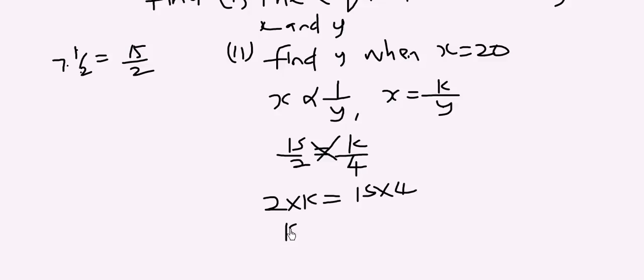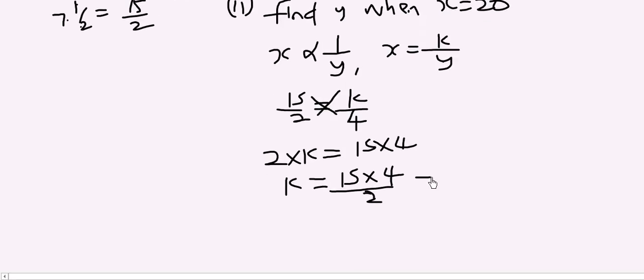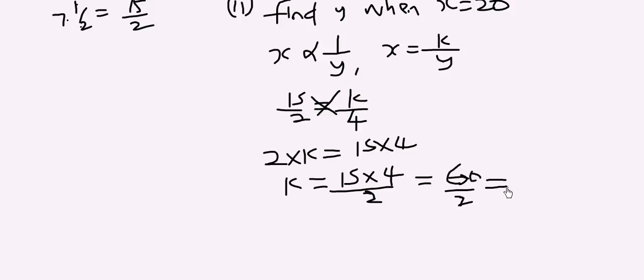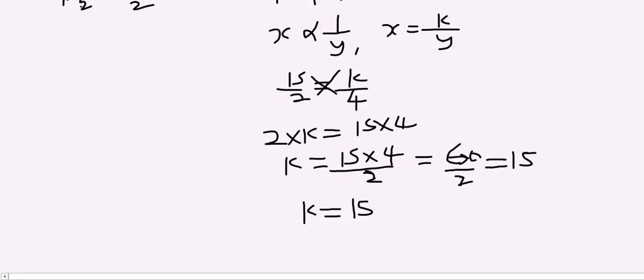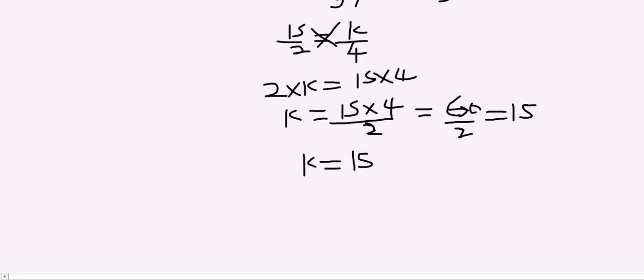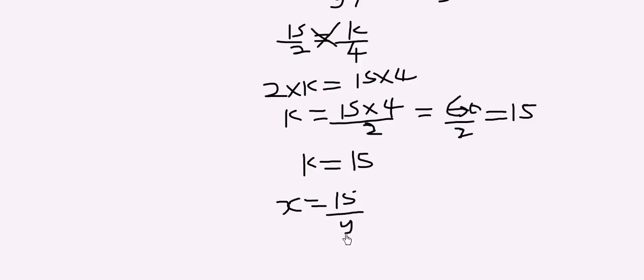To get k, I divide both sides by 2, so that becomes 15 times 4 over 2, which is equal to 60 over 2, and that gives me 15. So k is equal to 15. So for the first question, the relationship connecting x and y is simply x is equal to 15 over y. So this is the relationship between x and y.